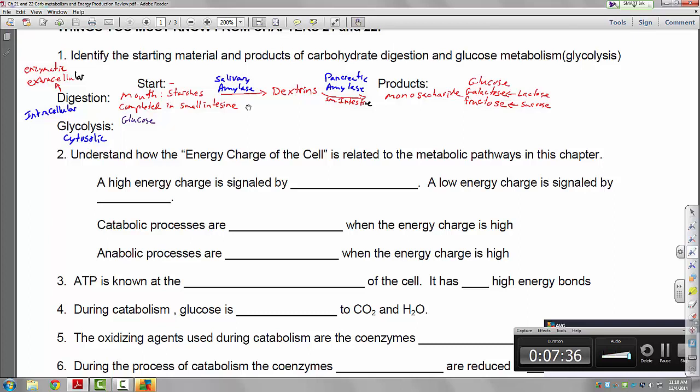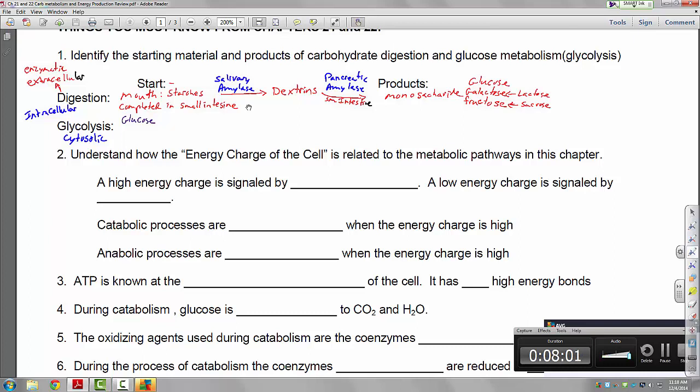The galactose is isomerized to glucose, and if you study the pathway, you'll see that glucose 6-phosphate is converted to fructose 6-phosphate, and so fructose can enter in at that level.